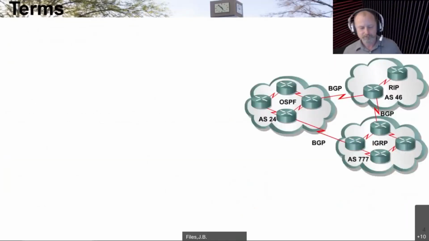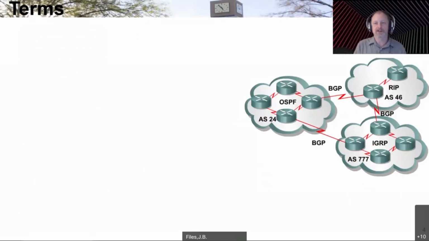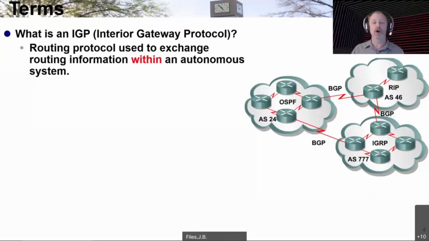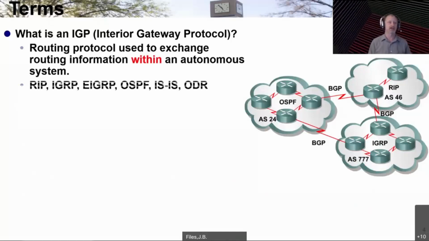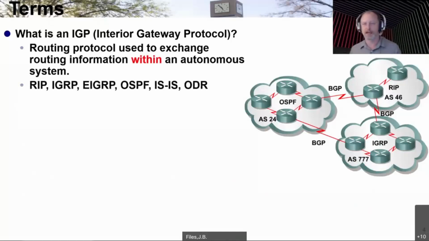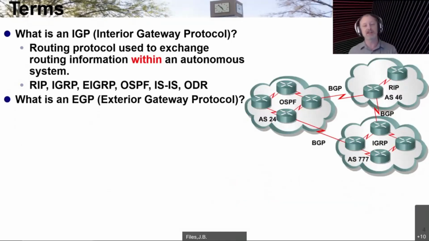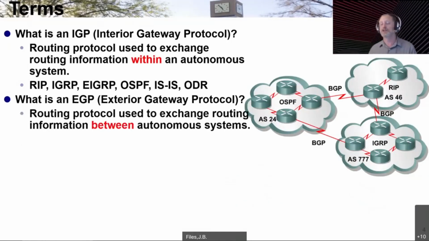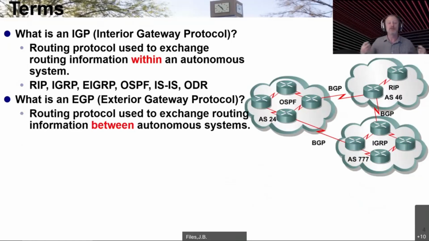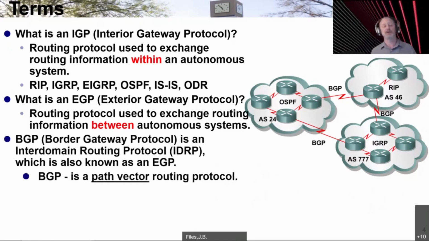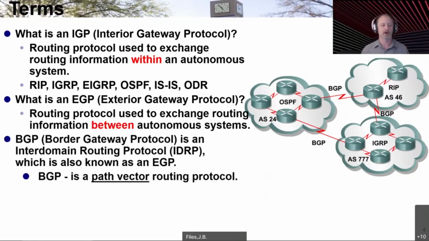So then that kind of brings us to our interior gateway protocol. That's the routing protocol inside our autonomous system, like EIGRP or OSPF. But outside of our autonomous system, we have an exterior gateway protocol. That's what's used to route stuff between autonomous systems. And that is BGP, or Border Gateway Protocol.